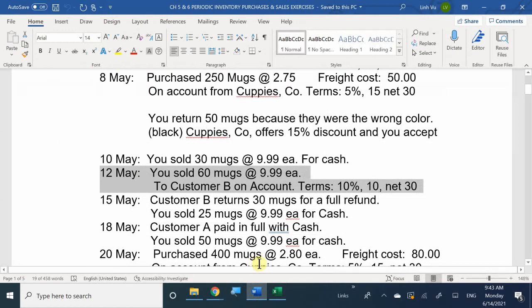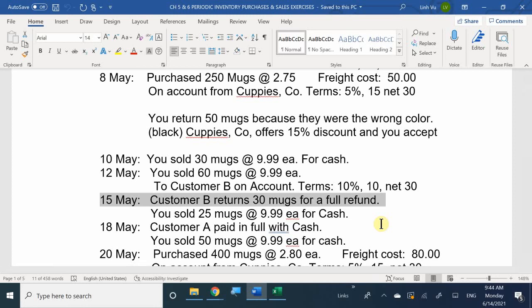So on May 15, what happened here for this section right here? Customer B returned, I think, 30 mugs for refund. All right, so customer B decides to come back and say, I don't need half of these mugs.